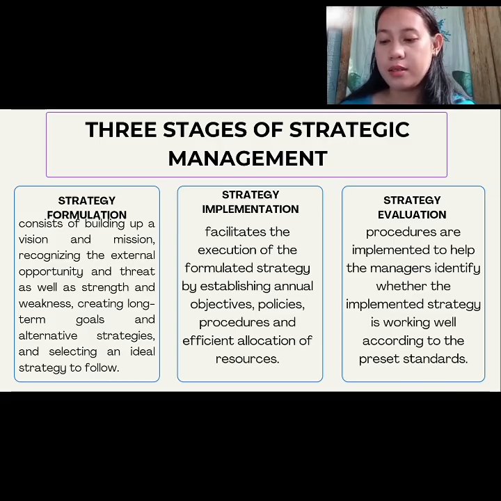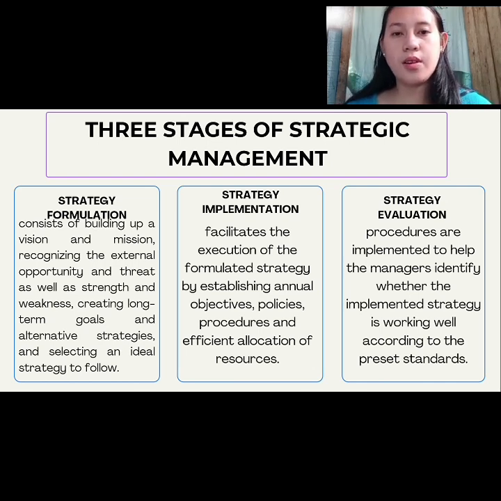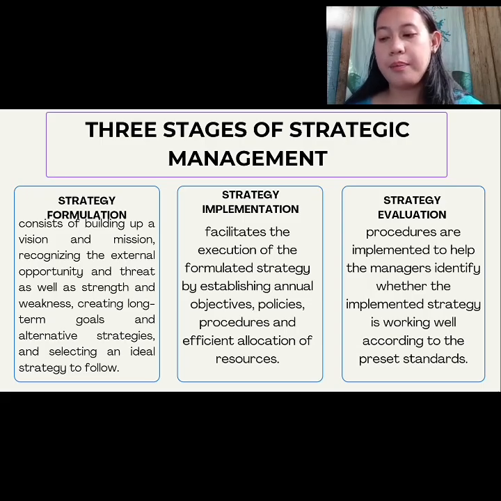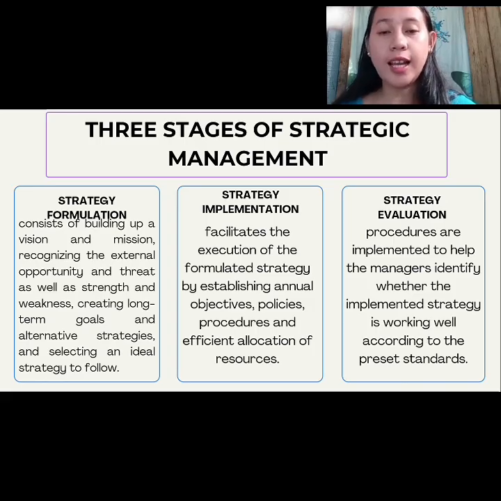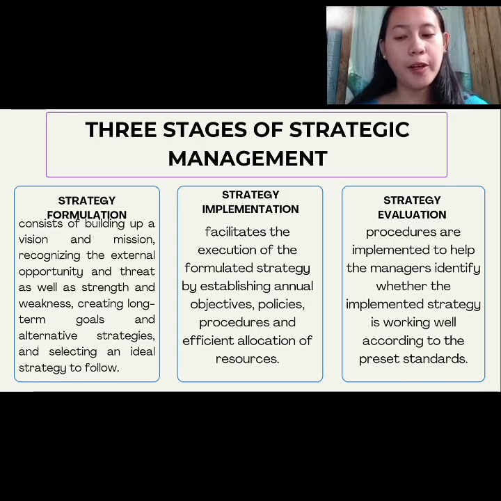So, strategy formulation involves building vision and mission, defining the organization's purpose and directions, then analyzing external factors, identifying opportunities and threats in the environment, and then assessing internal factors, recognizing strengths and weaknesses, then creating long-term goals, which is setting objectives that align with the mission and vision, and then developing alternative strategies, generating options to achieve goals.